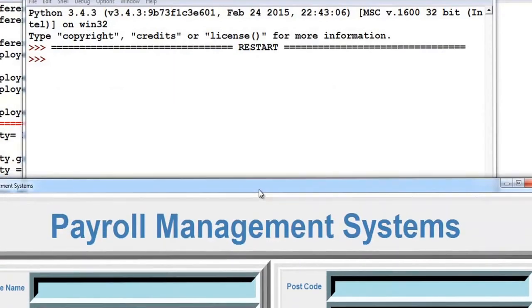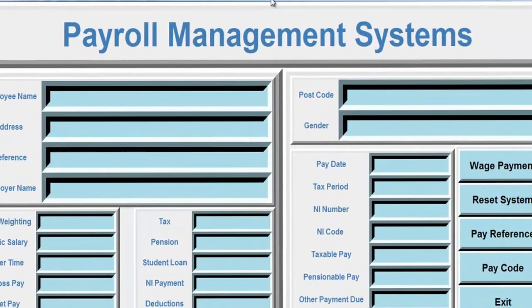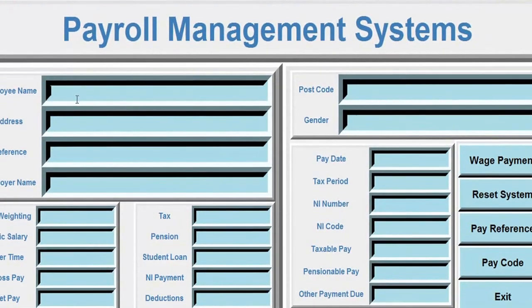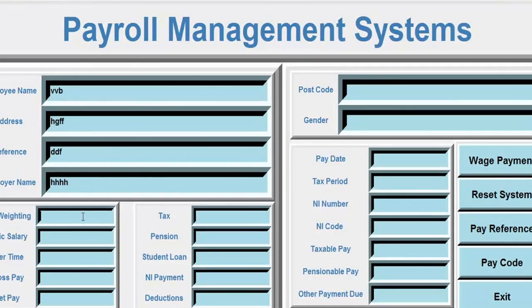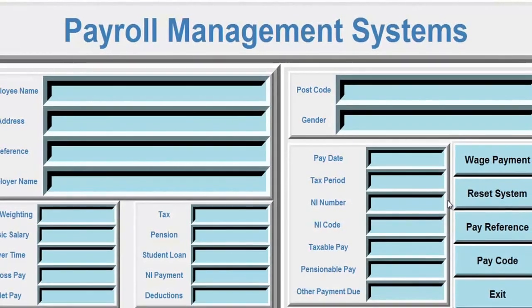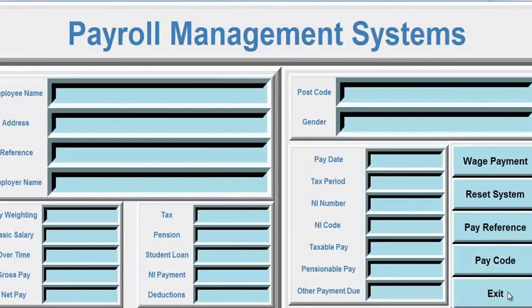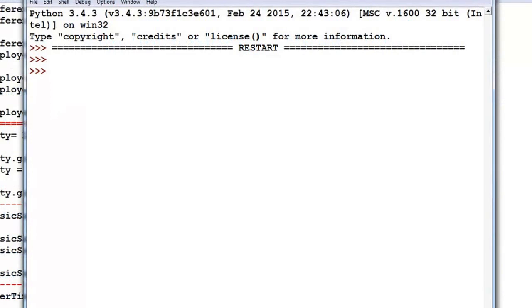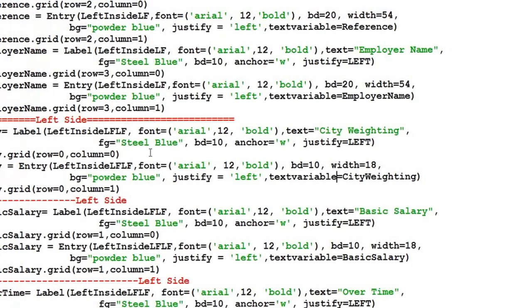Okay, that's fine. You can see that there's no error. So let's enter some stuff in here. And CT reset there is working as expected, and exit works as well. So let's continue with the rest.